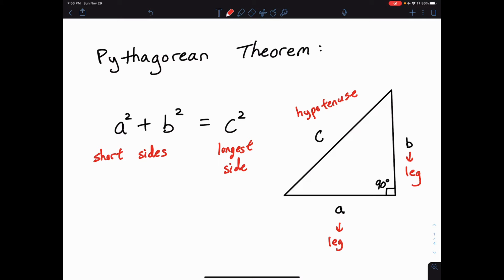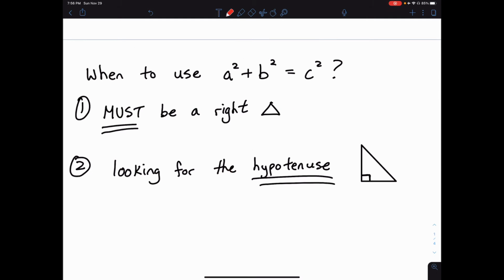Now, there are a couple of rules that we need to follow before we can use the Pythagorean theorem. So first of all, when can we use this equation here? A squared plus b squared equals c squared. Step number one, you must make sure that it is a right triangle, meaning that it must have that little square box in the corner that tells us that there is a 90-degree angle.